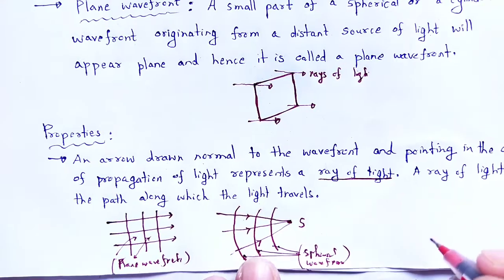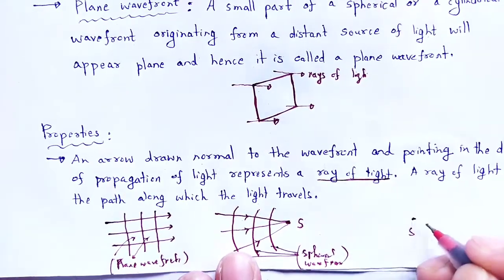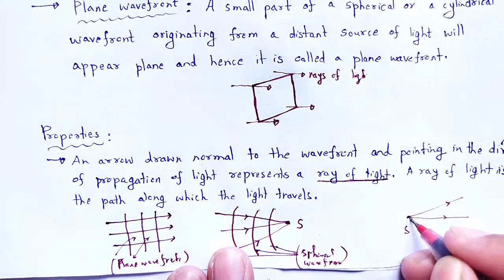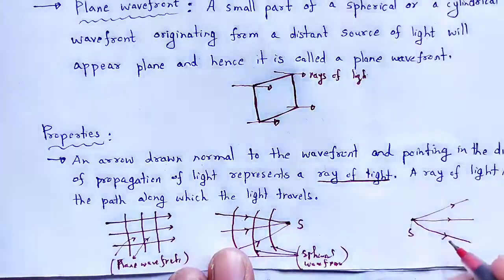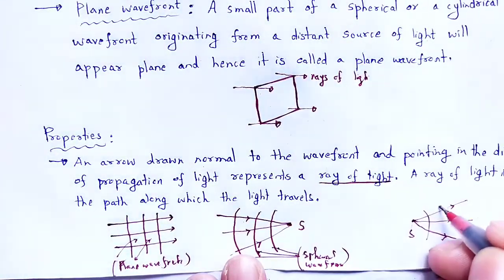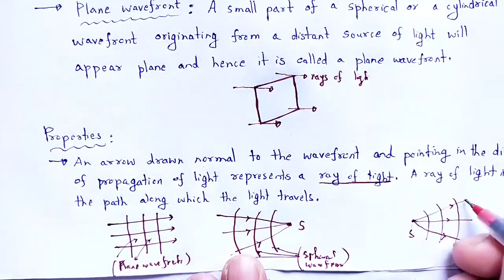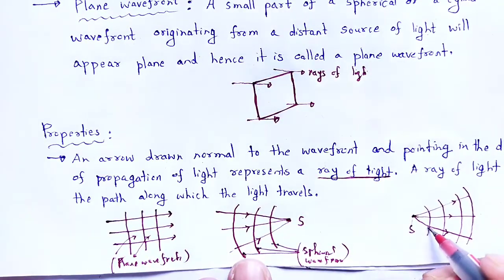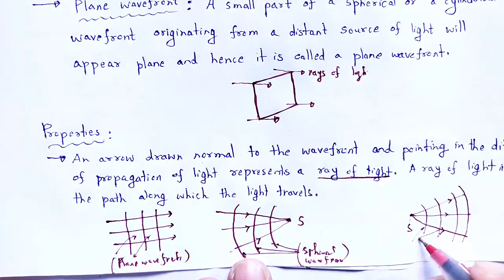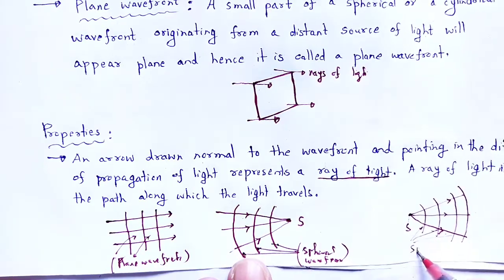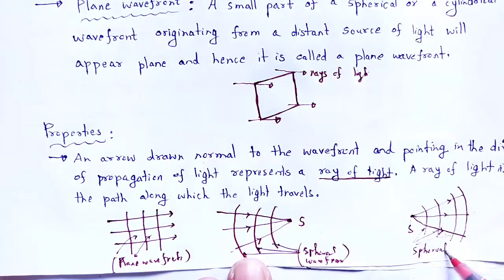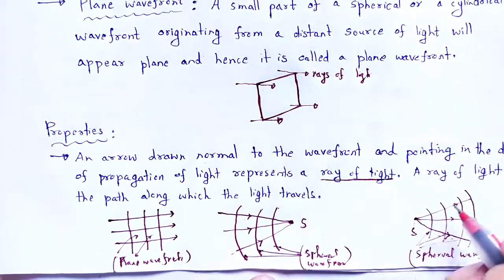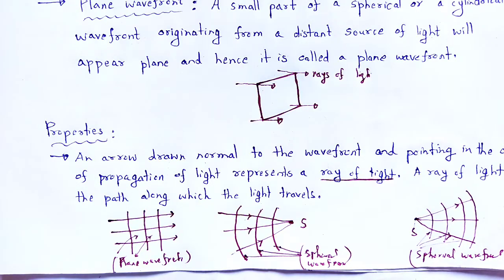And again, in case of diverging beam, let that be the source S, the light beams diverge from that source. So, in that particular case, these are the spherical wavefronts when the light beams are diverging in nature.